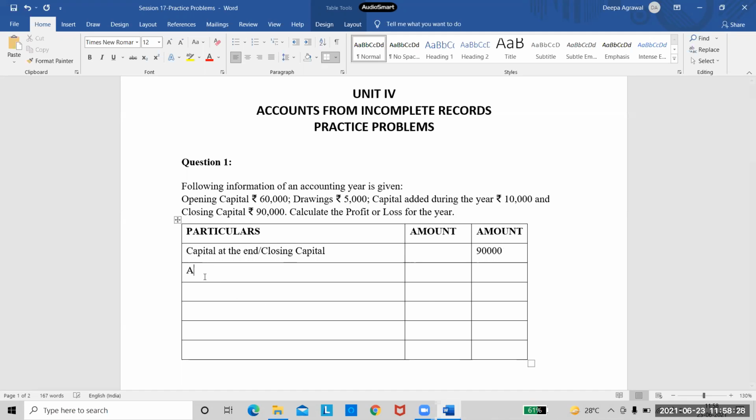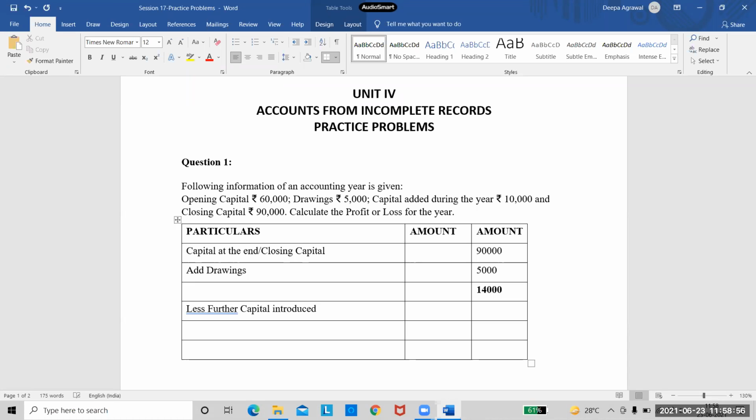So first I've taken that, next, add drawings. And he has given us the amount of drawings as 5,000. So I just have to add it. Now, because it is the total, I will write this amount in bold. You will put 1 line here and then write 14,000. Next, I will deduct further capital introduced.